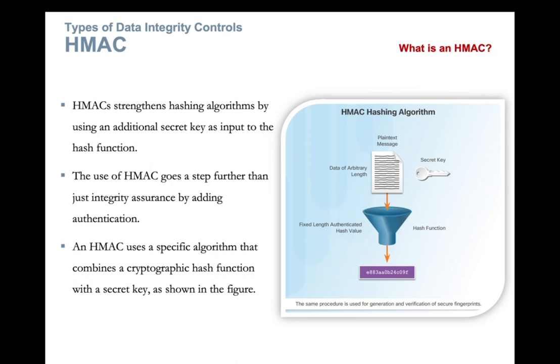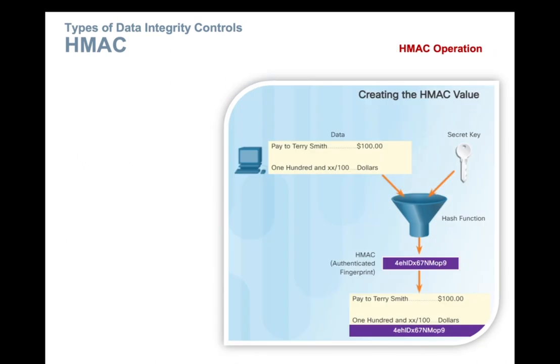So what is the HMAC operation? Consider an example where a sender wants to ensure that a message remains unchanged in transit and wants to provide a way for the receiver to authenticate the origin of the message.